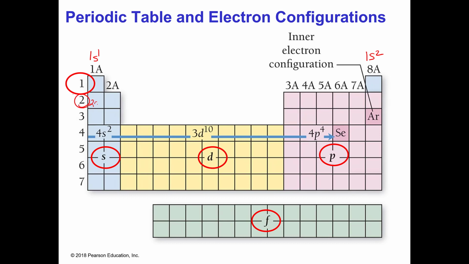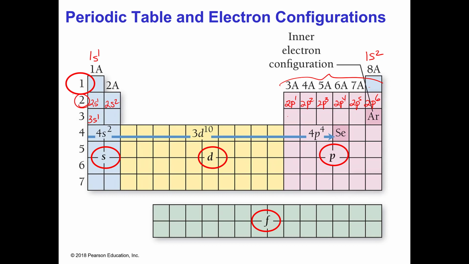So this would be 2s1, 2s2. Then notice that there's 6 over here. So this is 2p1, 2p2, 2p3, 2p4, 2p5, 2p6. Come back 3s1, okay?